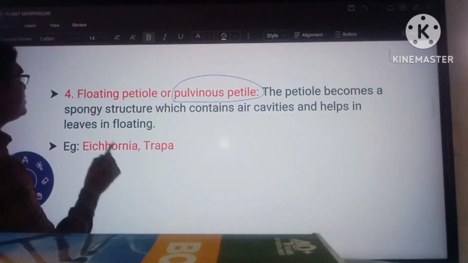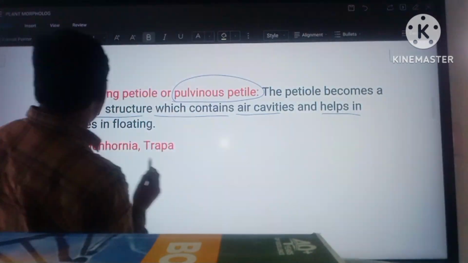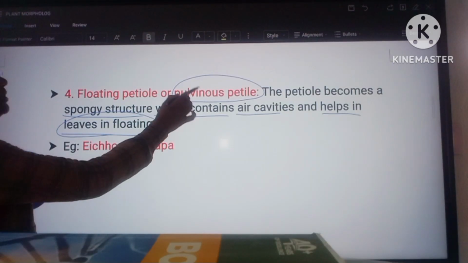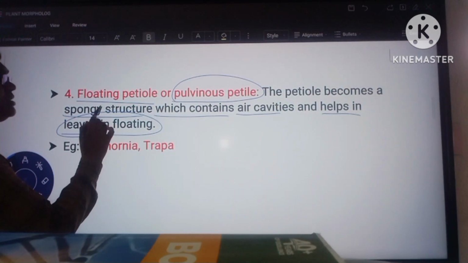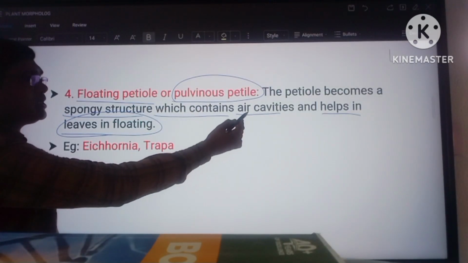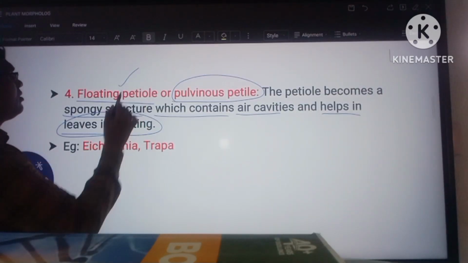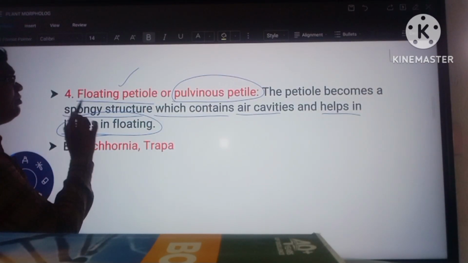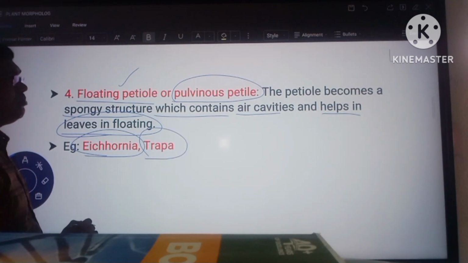The petiole becomes a spongy structure containing air cavities, which helps the leaves float. This type of petiole is called a floating petiole. Examples of floating petioles are Eichhornia and Trapa. So these are the different types of petioles.